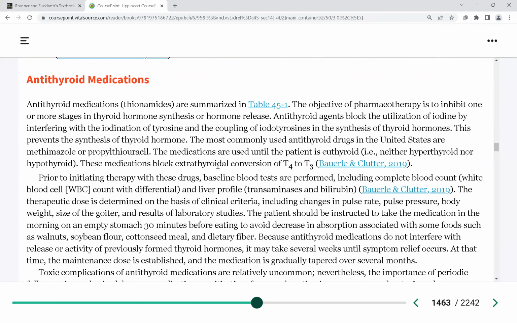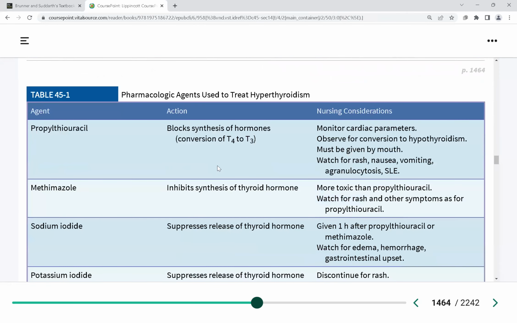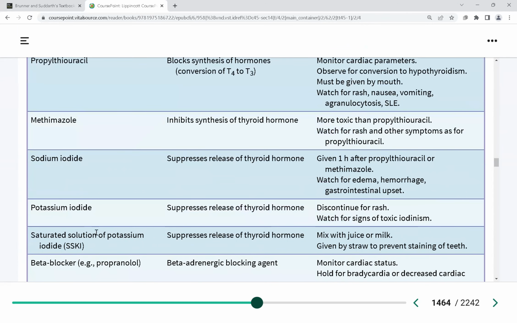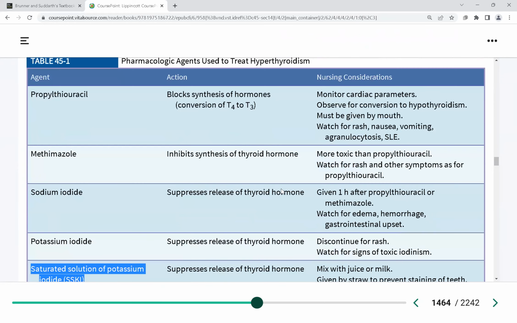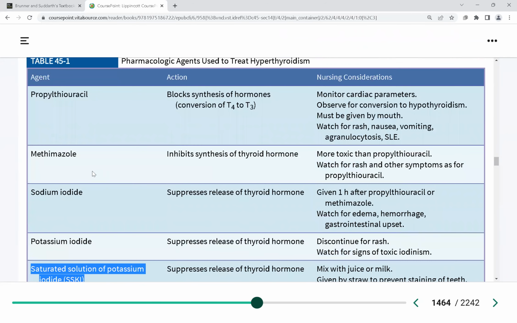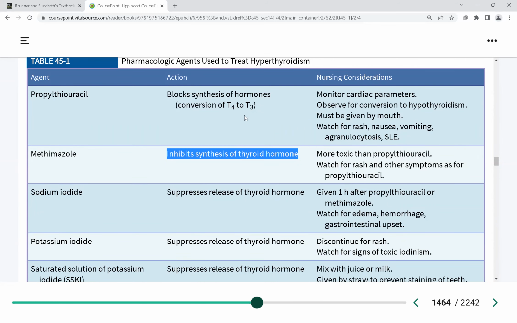Let's go to the medications. So here are the drugs used. So we will focus on PTU, methimazole, and SSKI. Okay, look at the action of the drug. They block synthesis of thyroid hormones, meaning they prevent iodine from binding in the thyroid gland.